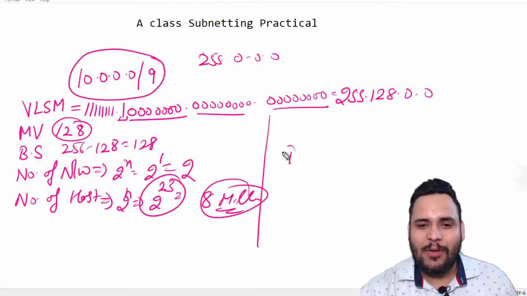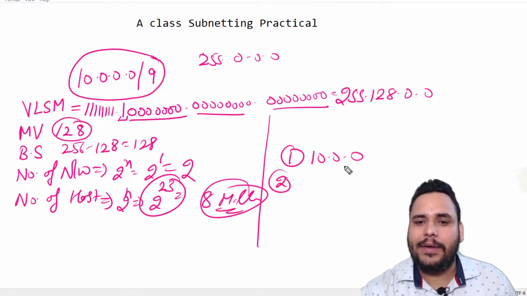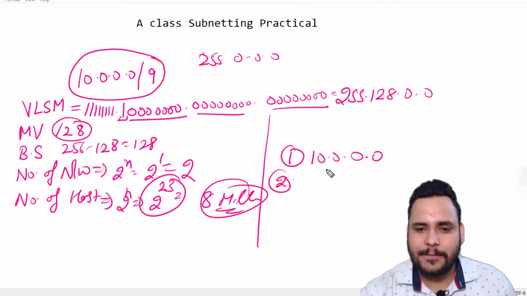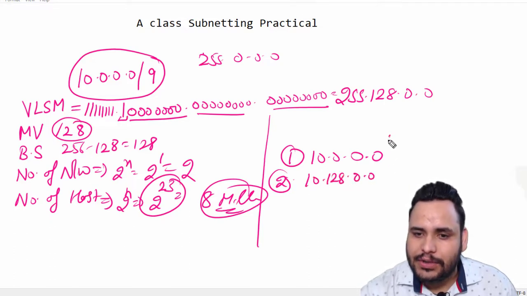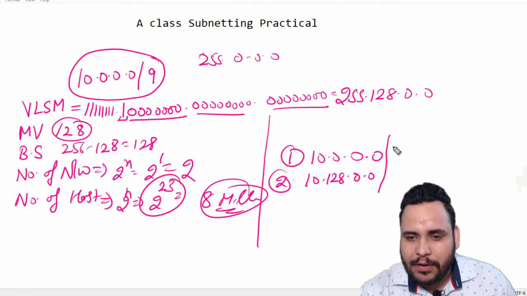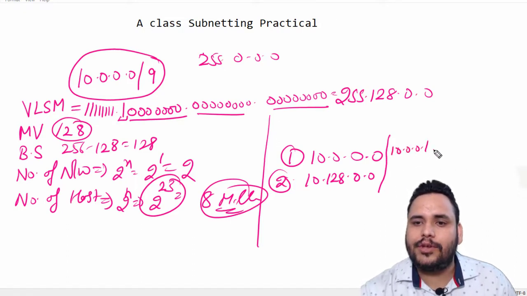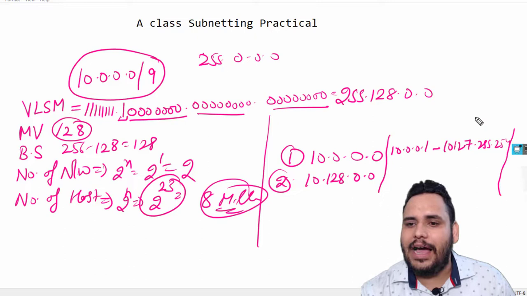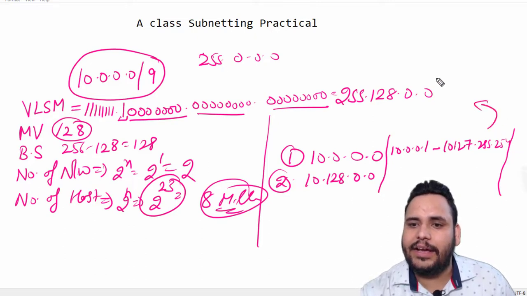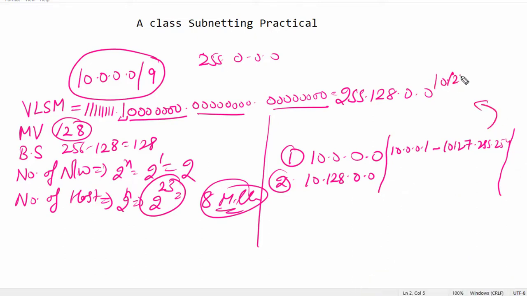Okay. So my first network is 10.0.0.0 and my next network is 10.128.0.0. So these are the network IDs. My first valid IP is 10.0.0.1. Last valid IP is 10.127.255.254. And the broadcast, I'm writing it here, is 10.127.255.255.